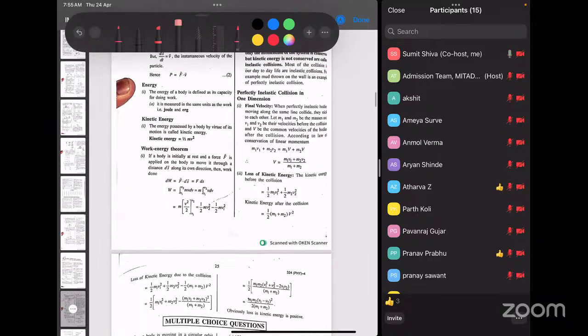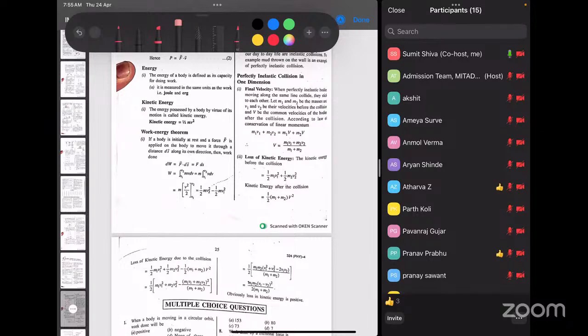Okay. Next point is energy. Energy is taken as the ability to do work or capacity for doing work, and its SI unit is joule and its CGS unit is erg.